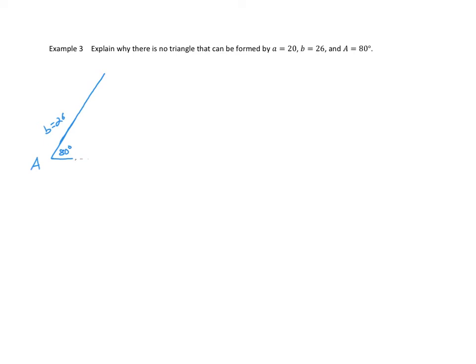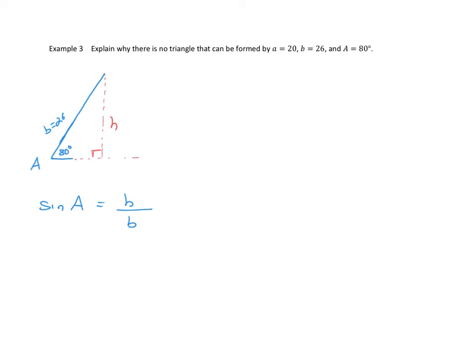If that number, 20, is not longer than this distance h, so that is, if A is shorter than this length h, there's no way it can reach side C to actually get our triangle. So I'm actually going to figure out, well, what is this value of h? This is a right triangle, and I know that sine of angle A is equal to h over b. And I have numbers for everything except h.